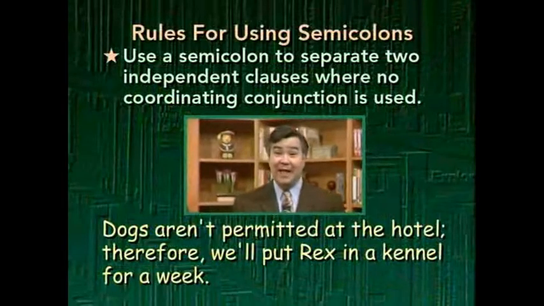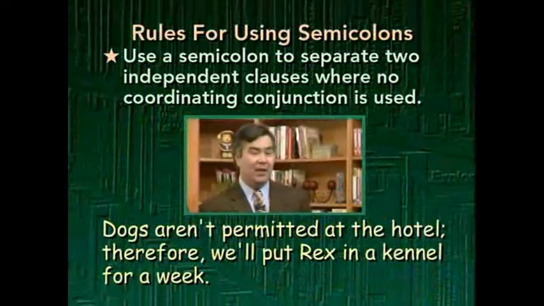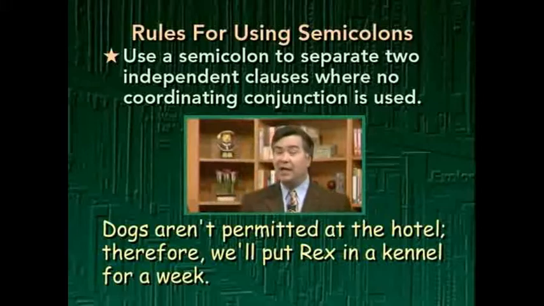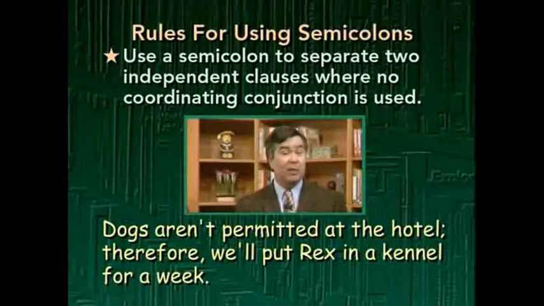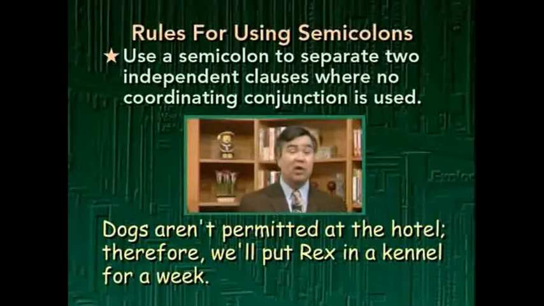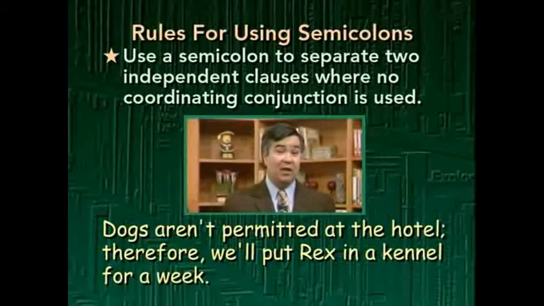Dogs aren't permitted at the hotel; therefore, we'll put Rex in a kennel for a week. Here we have two independent clauses which have simply been joined without using a coordinating conjunction. So the semicolon that appears after the word hotel is correct. Look at what appears on either side of the semicolon. You'll see that each of those clauses could stand alone as a sentence. Dogs aren't permitted at the hotel.